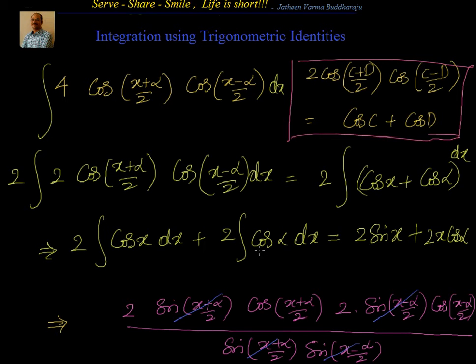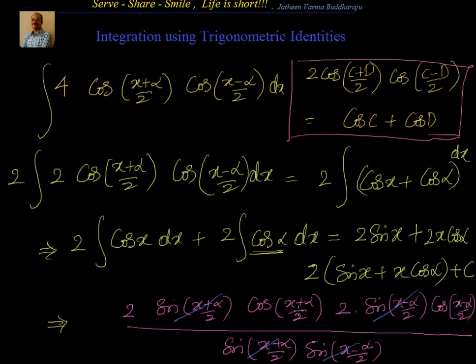Remember, cos alpha is not a variable, it's a constant, so it becomes 2 cos alpha integral 1 dx, that is nothing but 2x cos alpha. Or if I take 2 common, I will have 2 into sin x plus x cos alpha. That should be the answer, with just adding a constant.